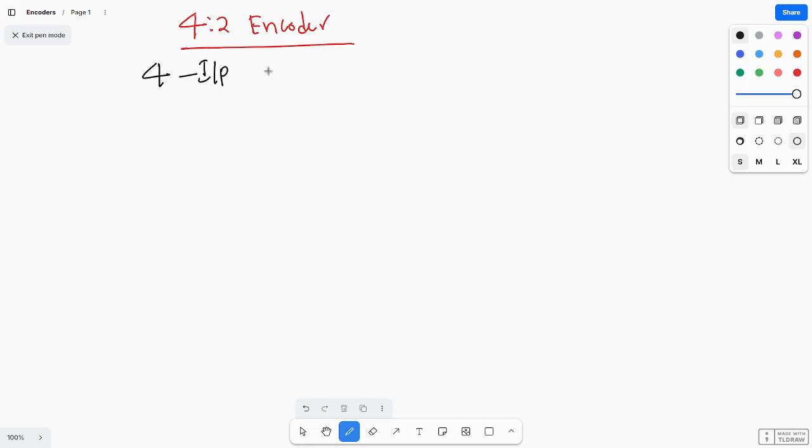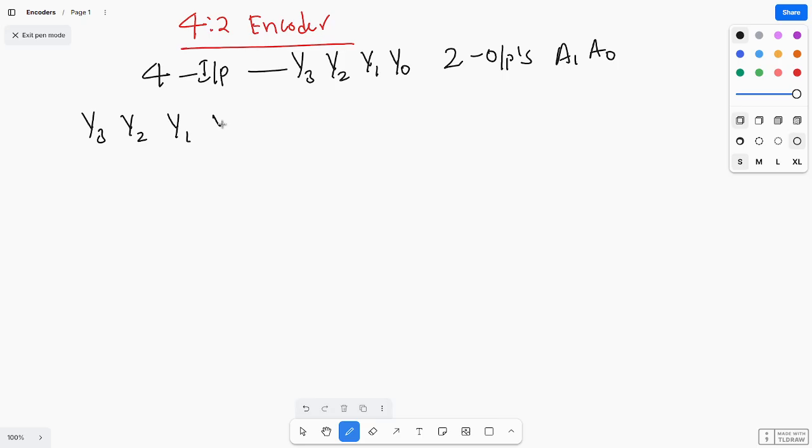Let the inputs be y3, y2, y1 and y0, and the two outputs be a1 and a0.